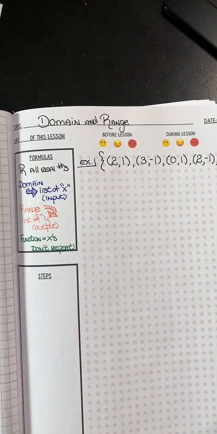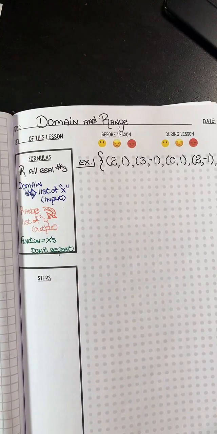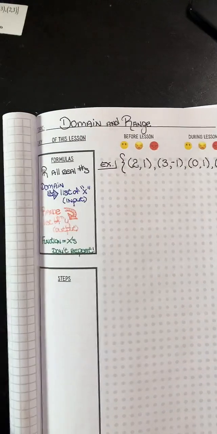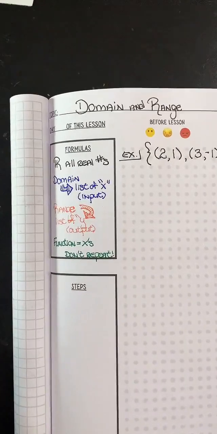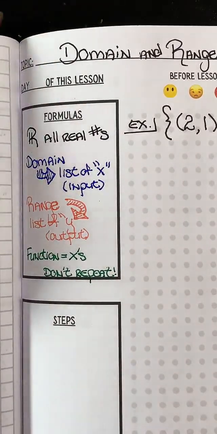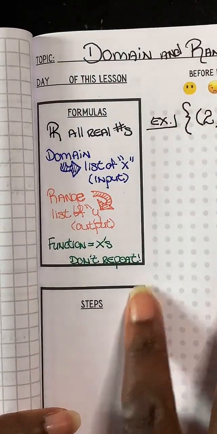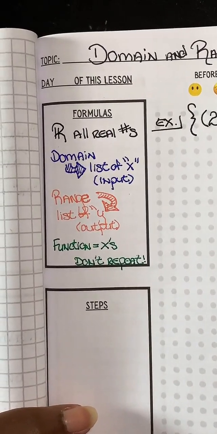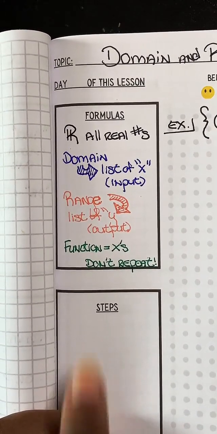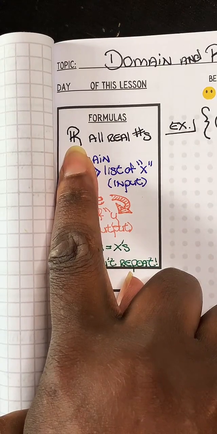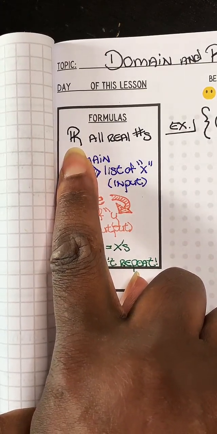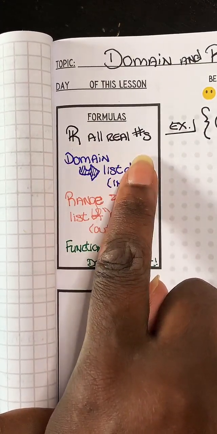So what we're looking at is our domain and range. Before we go to our example, let's take a quick sneak peek at what we're talking about. There's also a couple symbols that you probably haven't seen in a long time, especially my double R. When you have your double R, that means all real numbers.